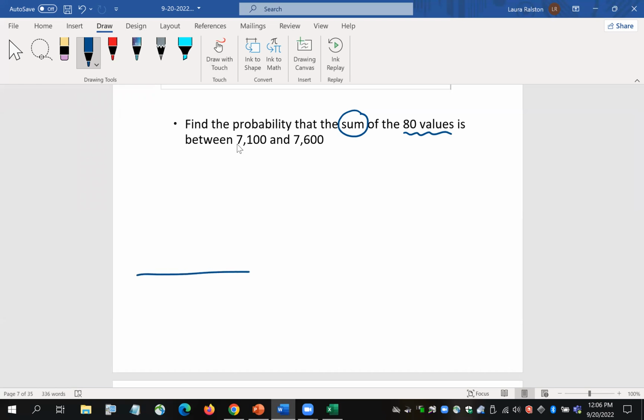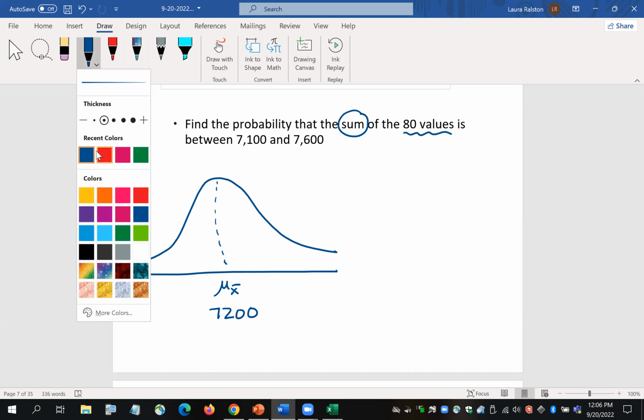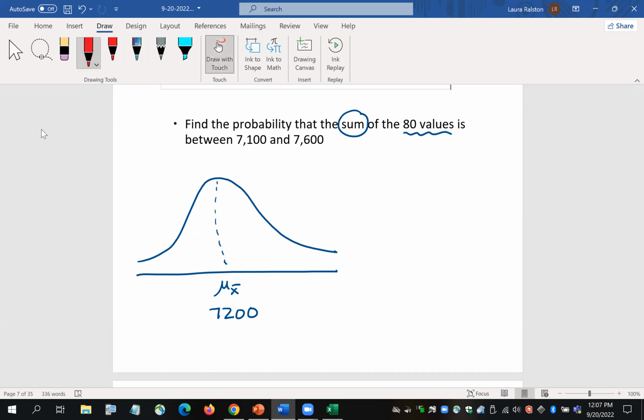So again, I know it's normal because we've applied the central limit theorem. The mean of the sums is 7,200. In this case, I have 2 points of interest, 7,100 and 7,600.